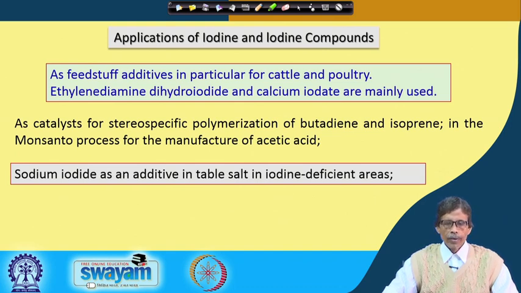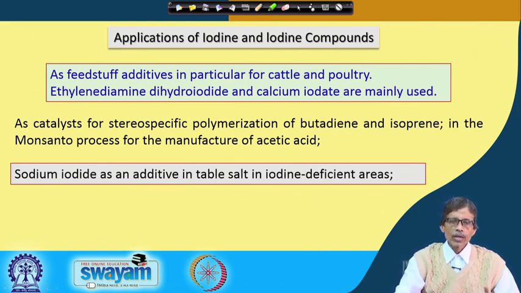Then the sodium iodide, as we have already told, goes along with your table salt, which is sodium chloride. So, along with table salt, sodium chloride, we add sodium iodide as an additive. We consider it an additive because only a very small amount of iodine is required to make the salt an iodized salt, which is supplied for iodine deficient areas.